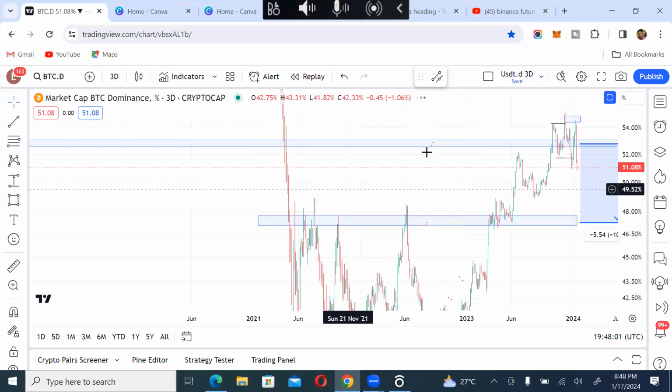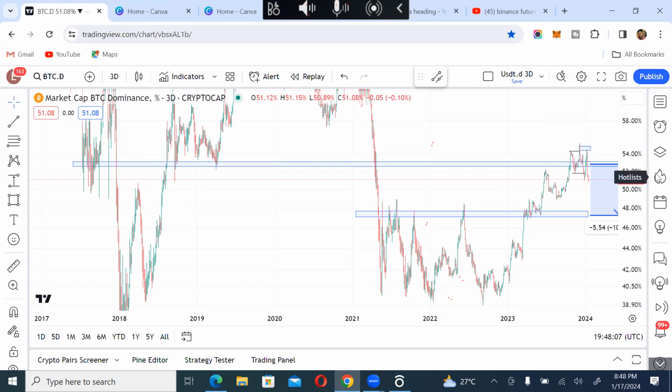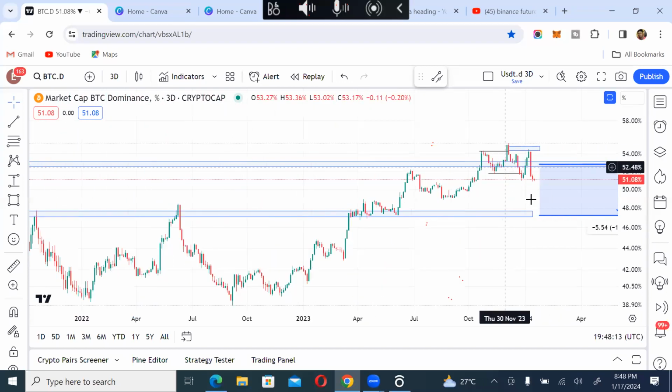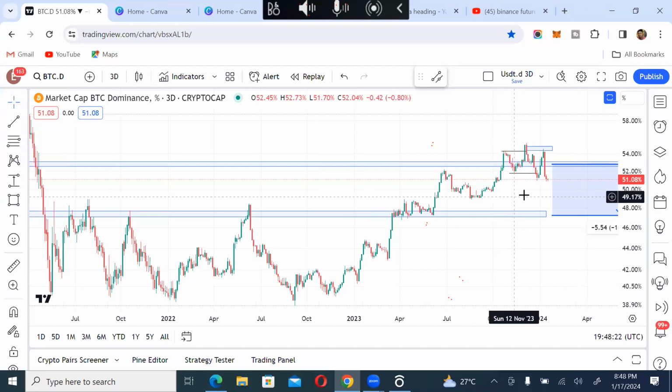Look at BTC dominance now. It has an inducement. Can you see this? Price has even gone back to retest. So BTC dominance is most likely going to fall.